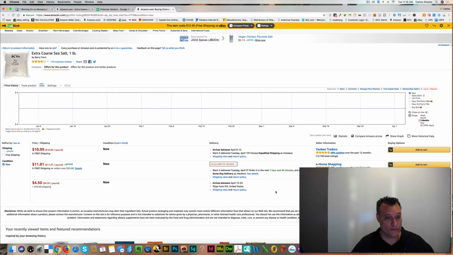Something to note, though, is that eHome Shopping is the only one on fulfillment. This could be an exclusivity agreement that they arranged with Berry Farm. Another cool thing to note is that one of the sellers at the bottom is someone named Berry Farm Foods, which is an indication that this brand used to or currently has an offering to sell their product directly to the consumer.